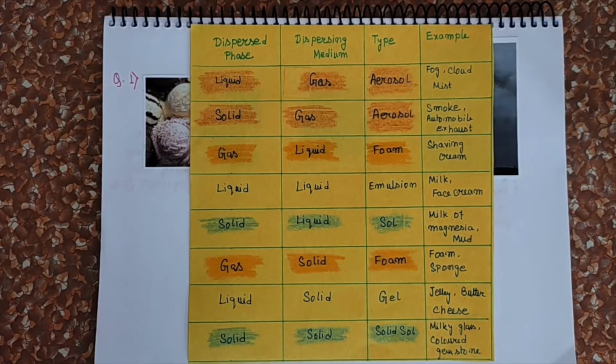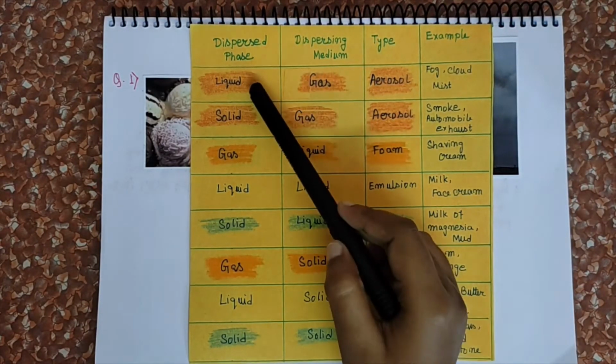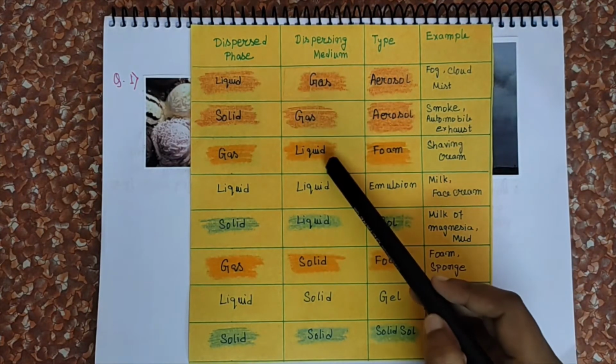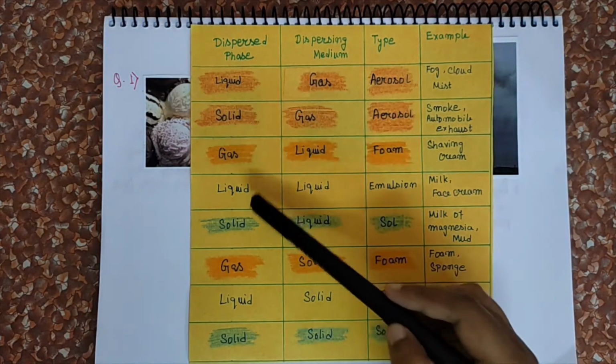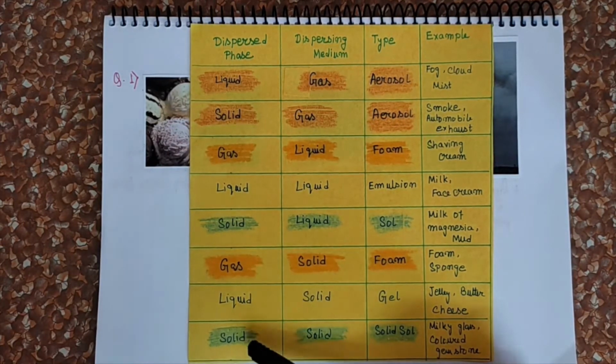This will not form any colloid. That is why we are not mentioning gas. So for the dispersing medium gas, the dispersed phase is liquid, then solid. And for liquid, what will you write? Gas, liquid, solid. And for solid dispersing medium, the dispersed phase will be gas, liquid, solid.